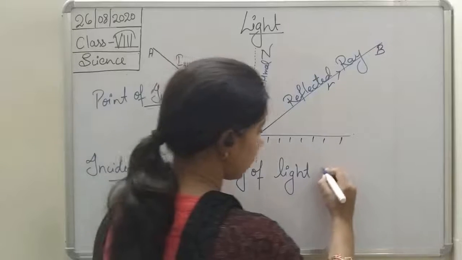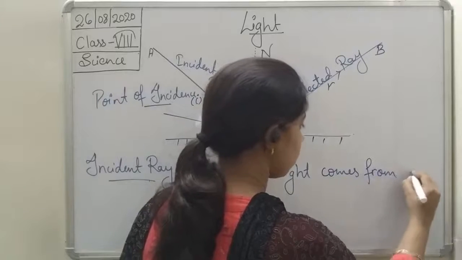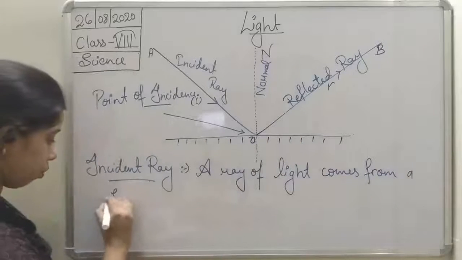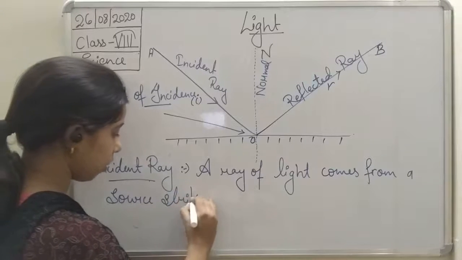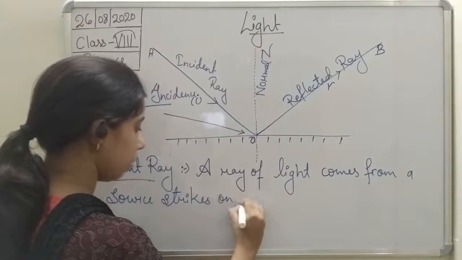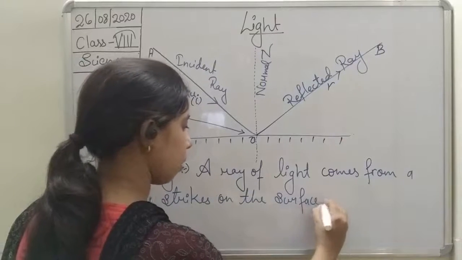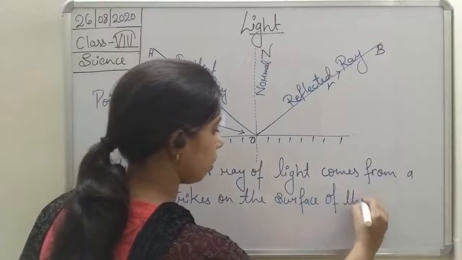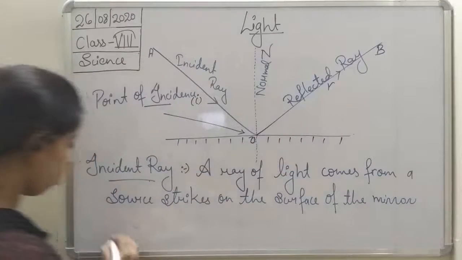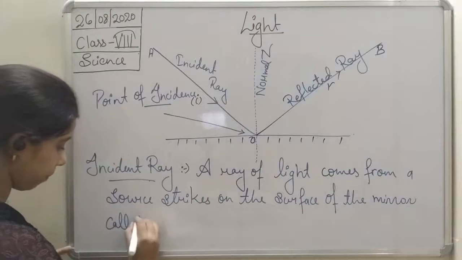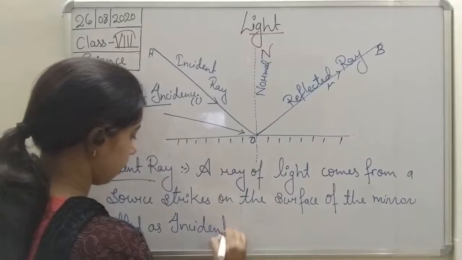So a ray of light comes from a source, strikes on the surface of the mirror, called the incident ray.